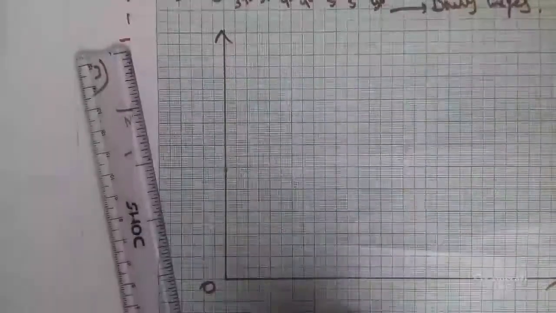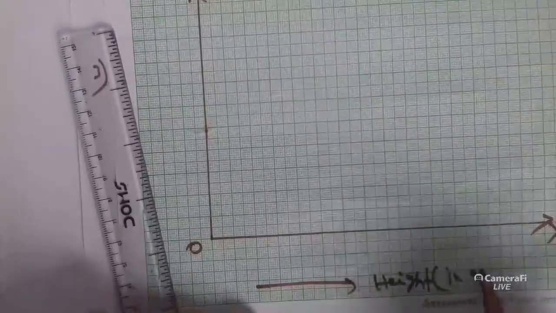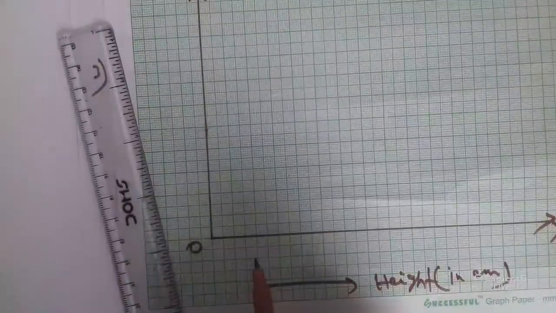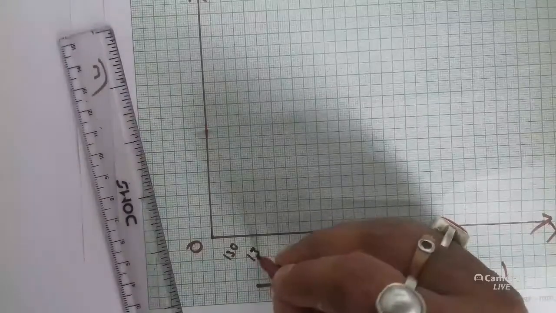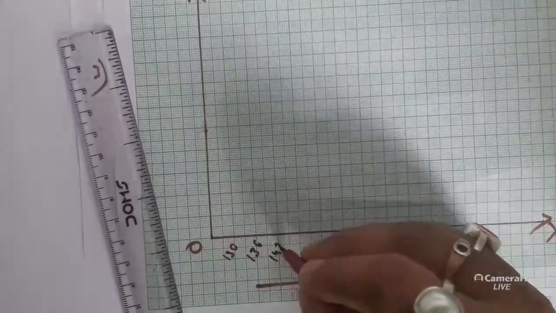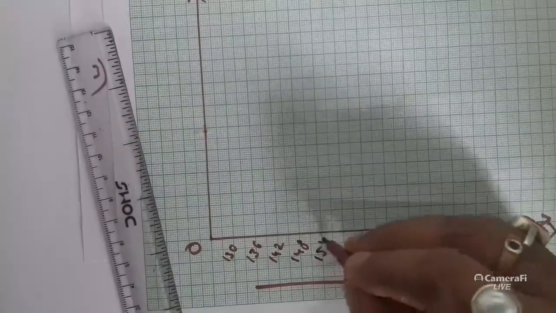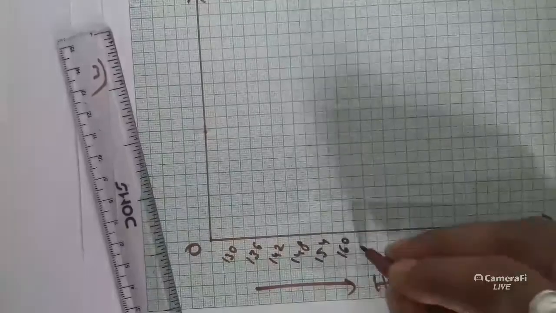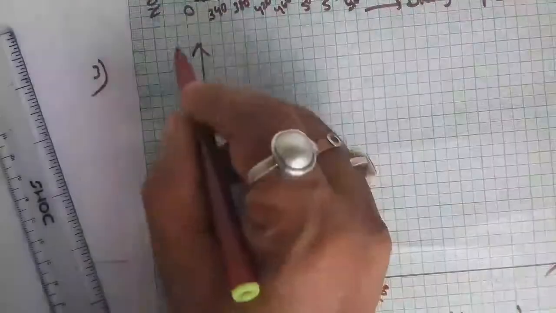Now along x-axis we have to take the height in centimeter. So leave one box, then write 130, 136, 142, 148, 154, 160, and 166. And along y-axis we have to take the number of students.